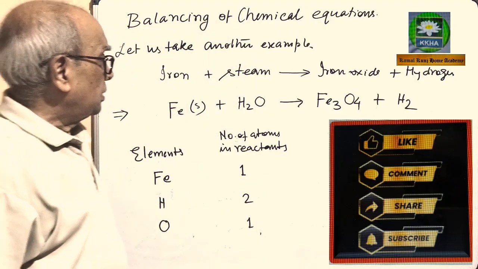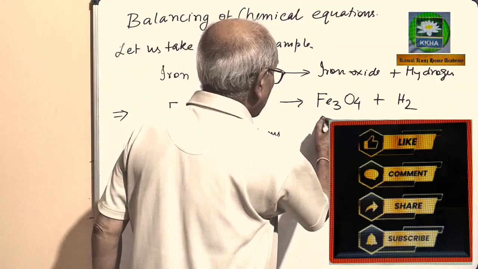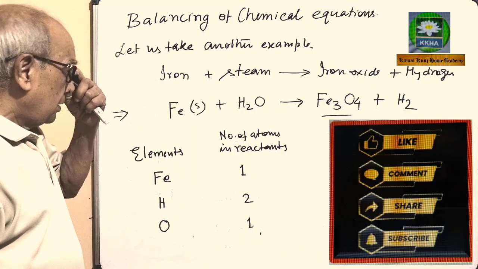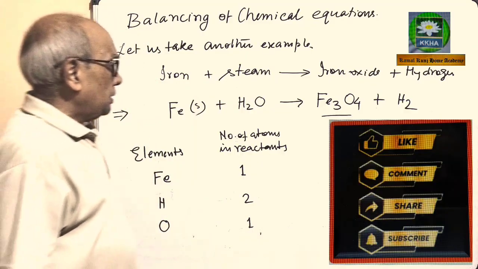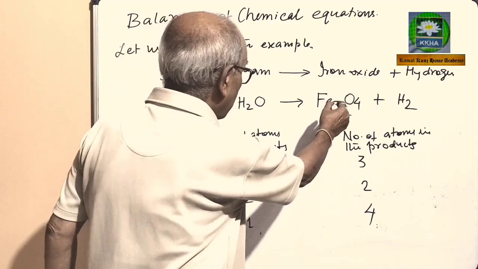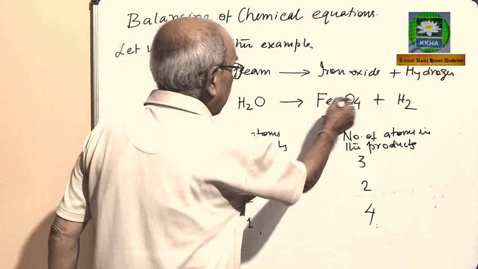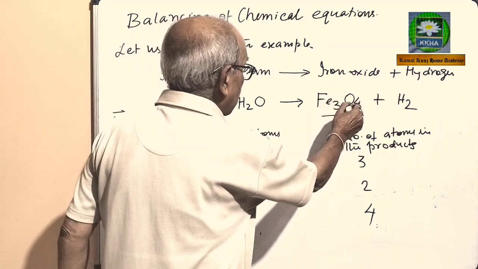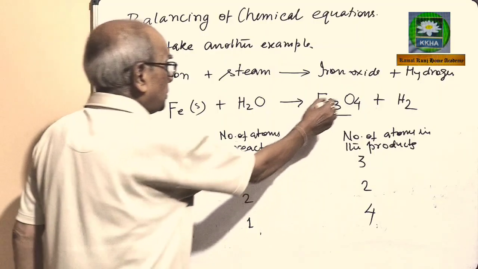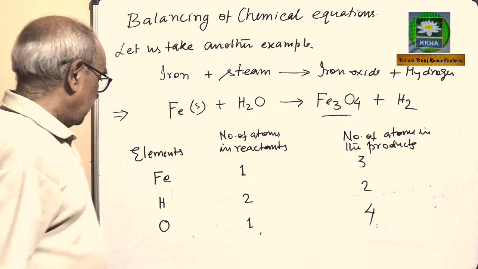For balancing, we select the compound having the maximum number of atoms. So the compound is Fe3O4. Here select the element having the maximum number of atoms. So this is oxygen, which is 4 here.